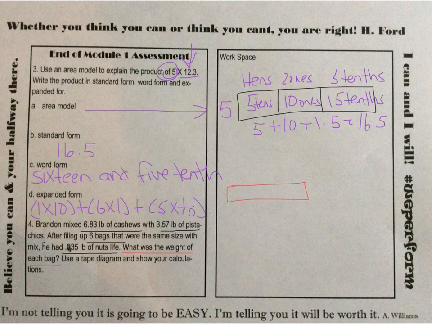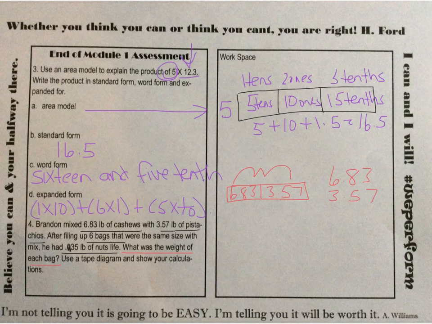So the first thing we need to find out is how much was in the bag. So we know that there was 6 and 83 hundredths, and we know that there was 3 and 57 hundredths, but we don't know how much that was total. So this is a part plus another part to equal the whole. So we need to add those two numbers together.